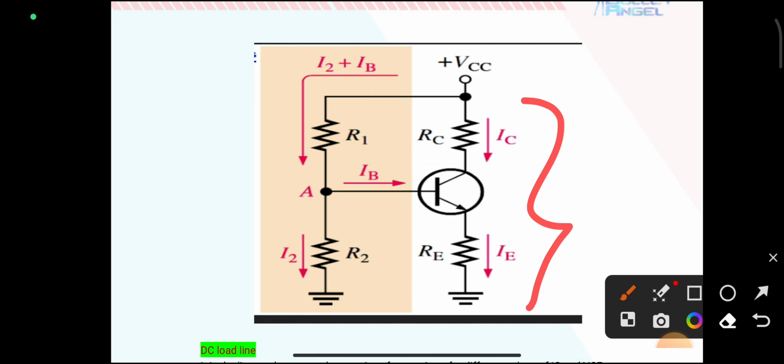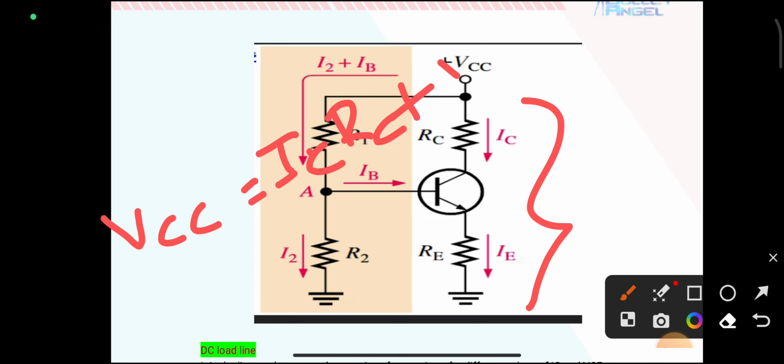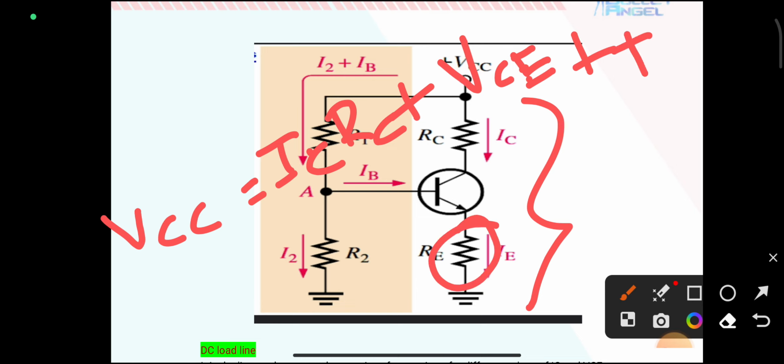So VCC is equal to IC RC plus VCE, where VCE is the voltage across the collector terminal and the emitter terminal, plus IE RE. This is the KVL, Kirchhoff's voltage law, at the output portion of the DC equivalent circuit.